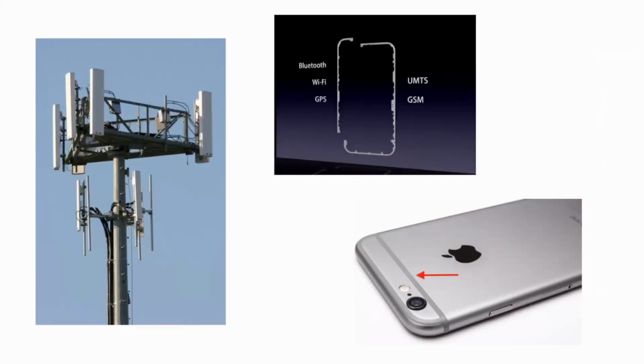This is what a cell tower looks like, unless they look like those fake trees, which I always think look pretty funny. Your phones have different antennas in them. What are all the different things that your phone can pick up? Like the different technologies or signals? Wi-Fi, Bluetooth. Cellular.